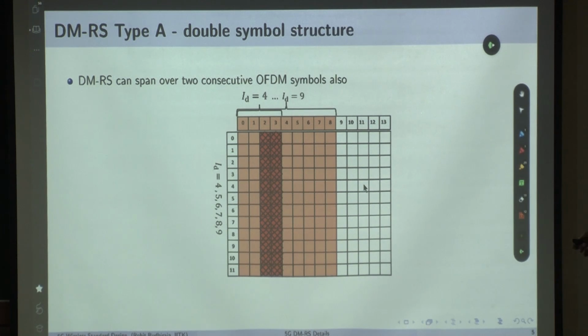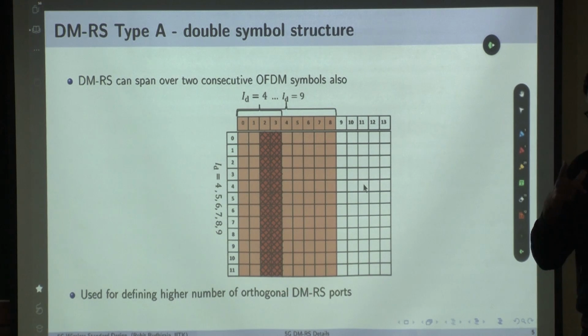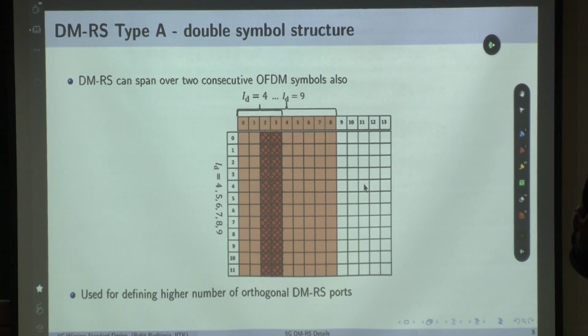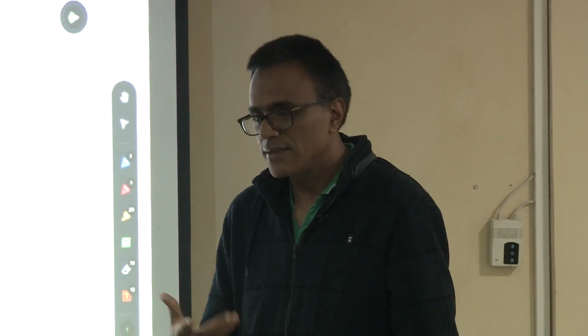And why is it spanning 2 symbols? The reason is that it is used for defining a higher number of orthogonal DMRS ports. If it is a 2-port DMRS, you need at least 2 subcarriers. If it is an 8-port DMRS, you will need at least 8 subcarriers.